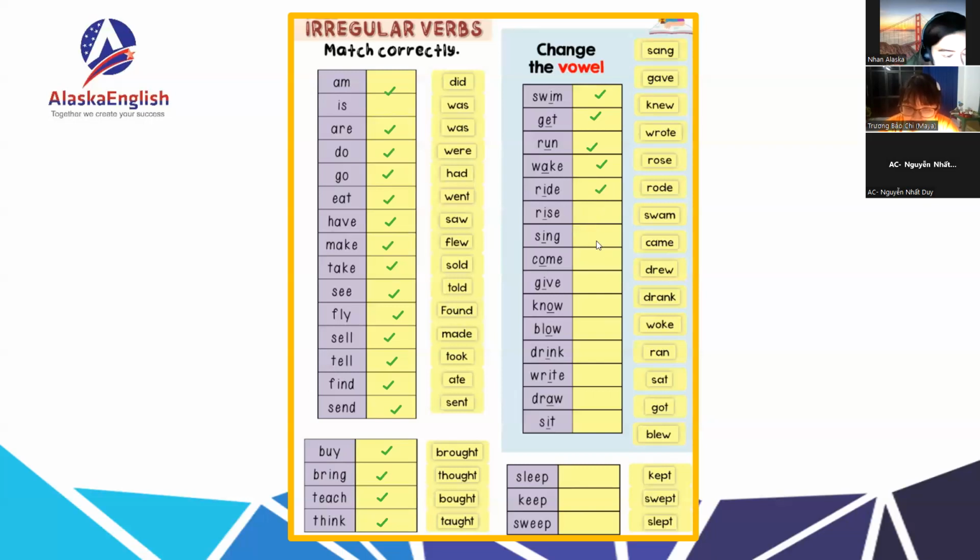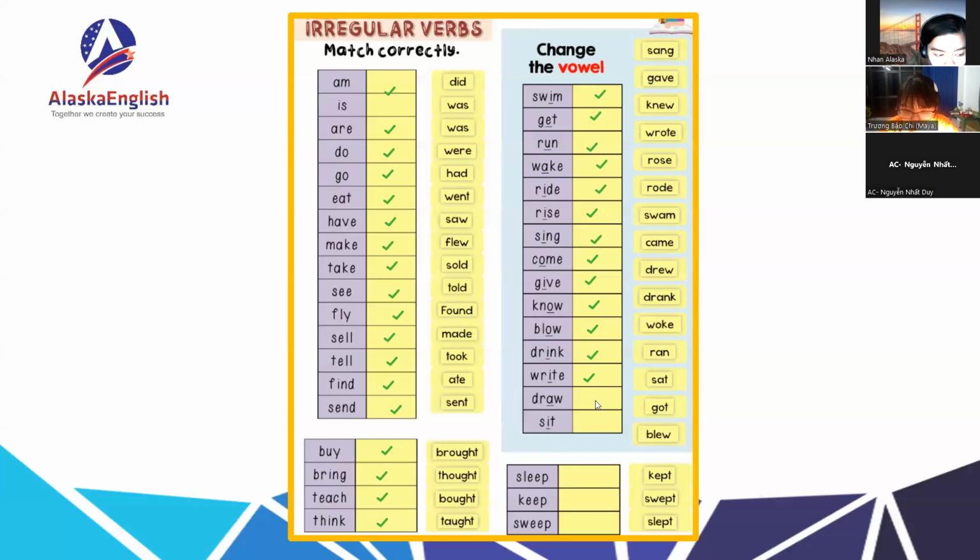Sing, sang. Come, came. Give, gave. Know, knew. Blow, blew. Drink, drank. Write, wrote.